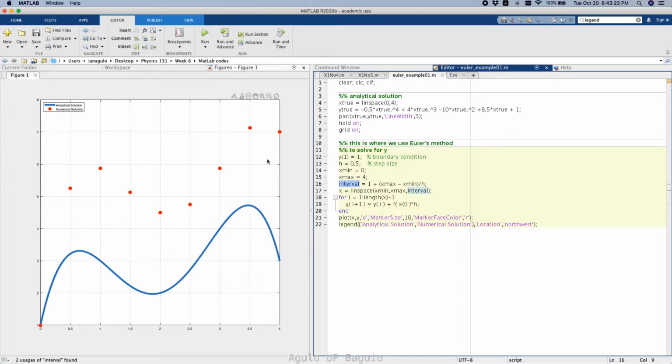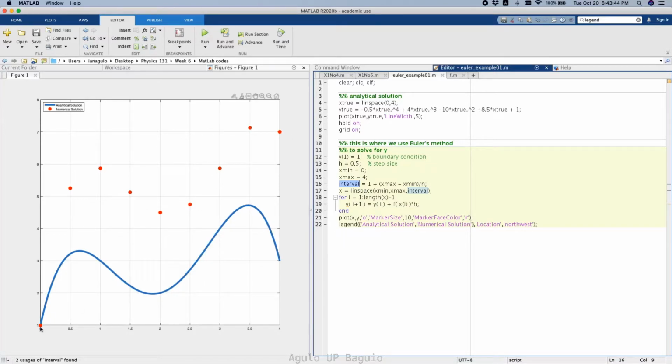That means I need to have 9 data points. If this is 0 and this is 4, and I have a 0.5 interval between 0 and 4, then there are 9 data points: 0, 0.5, 1, 1.5, 2, and so on. So 1, 2, 3, 4, 5, 6, 7, 8, 9.